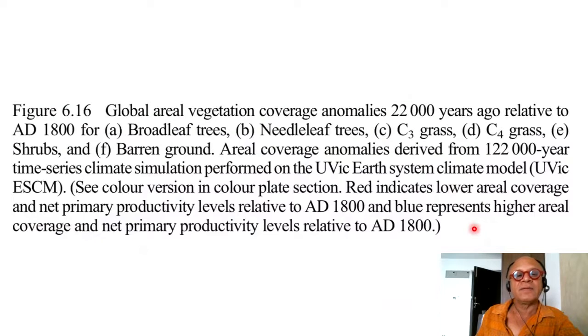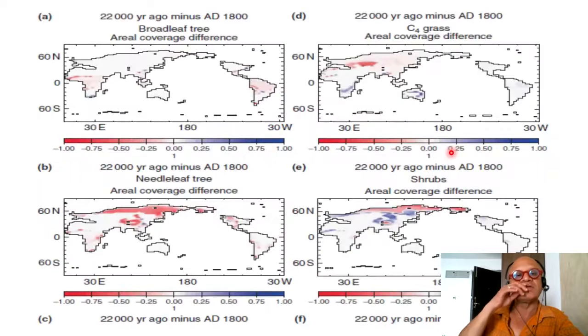Okay. Global aerial vegetation cover at 22,000 years: broadleaf trees, needleleaf trees, C3, C4 from the long simulation.